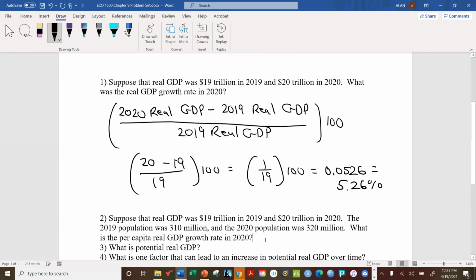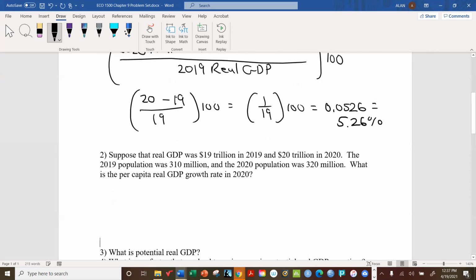Now, when we start moving over into the territory of real GDP per capita, per capita means per person. It's Latin, per head, basically. So what we have to do this in 3 phases, or 3 stages, I guess. We need to know each individual year's real GDP per capita.